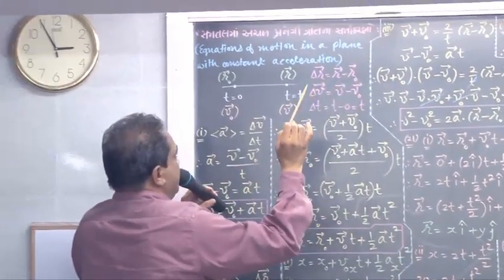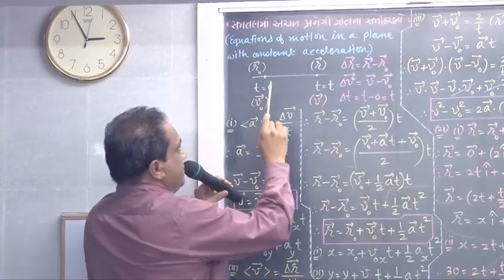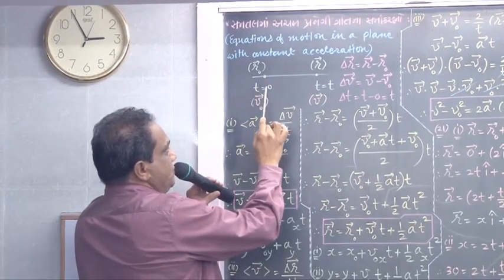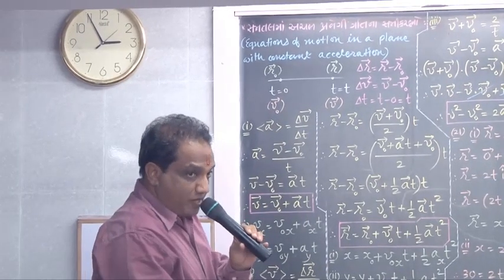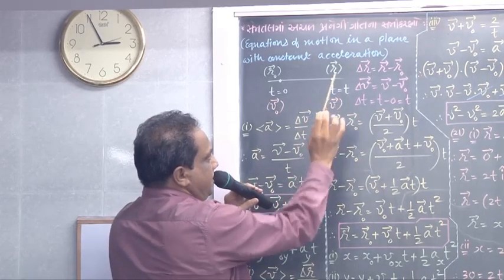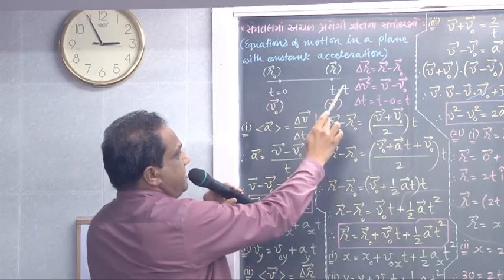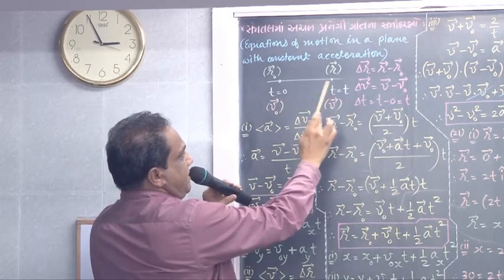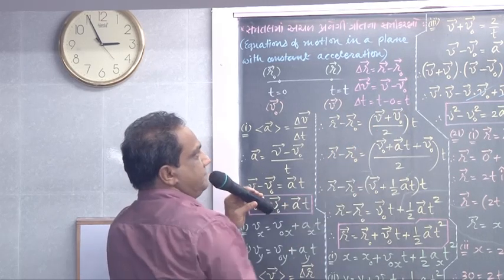I just consider a time scale on which this is t equal to 0, that is the initial moment. Later moment I take t equal to t. So what is the time interval elapsed? It is delta t, t minus 0, that is t.